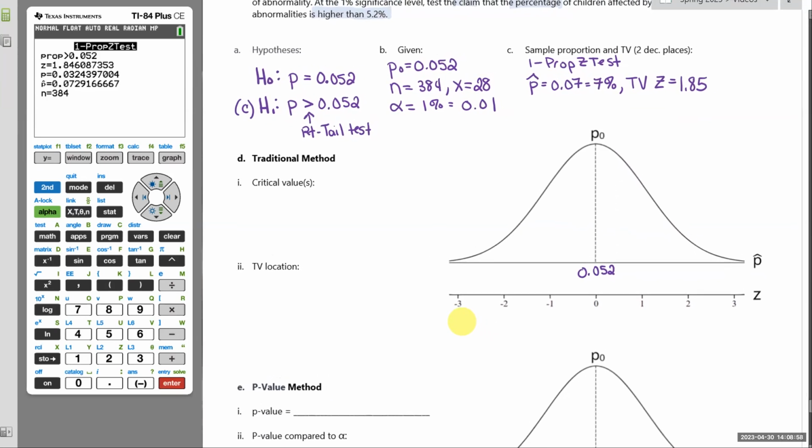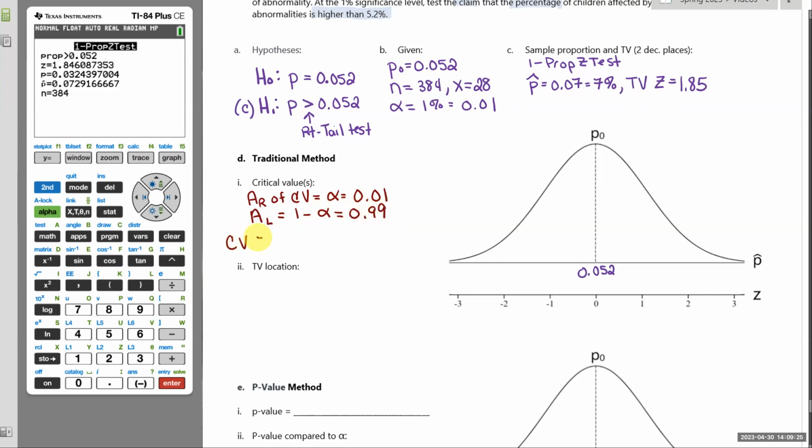All right, so I'm going to set up again my traditional method first. It's a right tail test, so the area to the right of the critical value is going to be alpha, in this case 0.01. And we want to find that critical value using inverse norm. We need the area left of it, so 1 minus our alpha, and that will be 0.99.